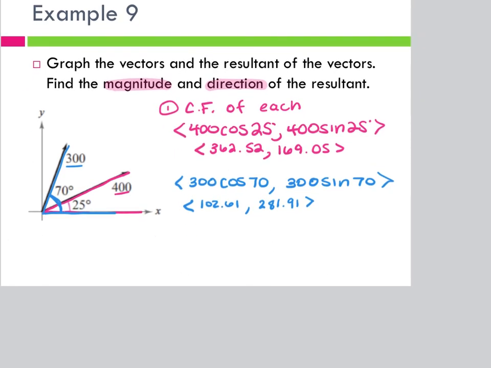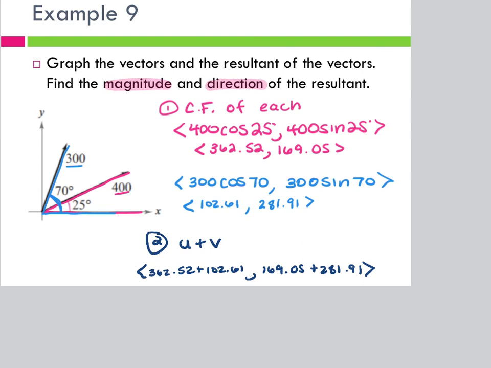Now I want to find their sum. So I want to add the two together. Add the two x's together, add the two y's together. So this would be 362.52 plus 102.61, comma, 169.05 plus 281.91.